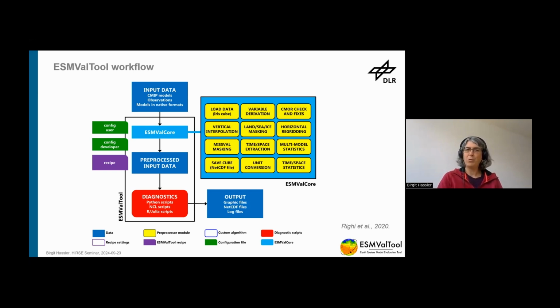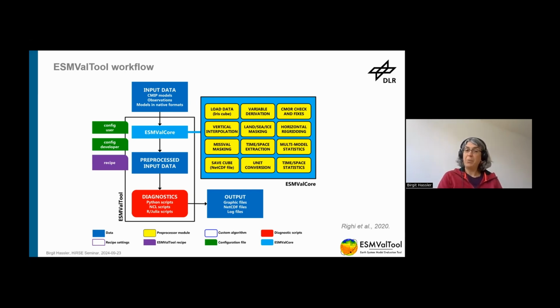Those model simulations that are not necessarily on the same grid, on the same levels, need to go to the same grid and the same levels to be intercomparable. With these preprocessor functions, we can make sure that all the data goes through the same steps, and nobody has to write the code for missing value masking again and again.